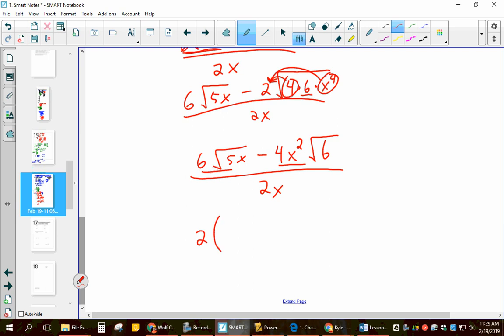If I did that, I'd be left with 6 divided by 2 is 3, root 5x, minus 4 divided by the 2 I factored out is 2, x squared root 6, over 2x. The whole reason I did that is because everything I factored out in the top is common, so that gets to cancel with the 2 on the bottom. So I just made it a little bit simpler.